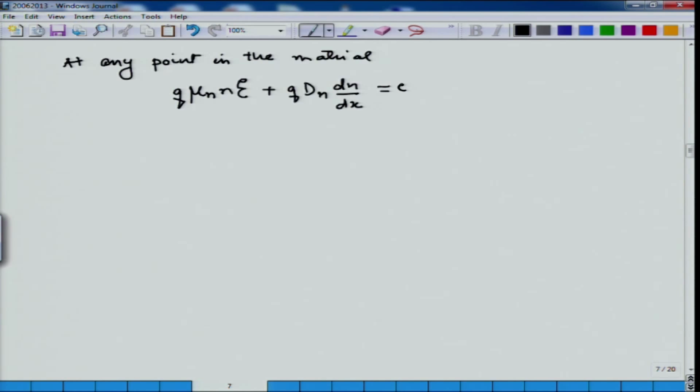This is going to be the two values for electrons. This should be equal to 0. Now we lead this to the final solution and relationship between the mobility and diffusion constant in equilibrium.